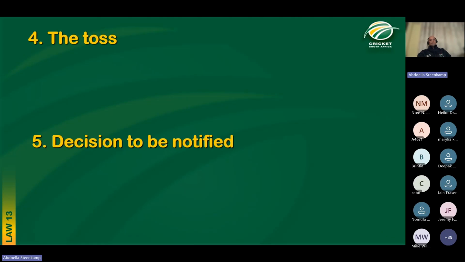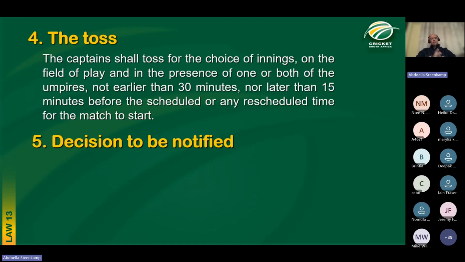Law 13 covers the innings, and the subsection that we're looking at here is the toss. So when it comes to the toss, let's first look at who needs to be present at the toss. Then we look at where the toss needs to take place. And then let's look at the timings for the toss. So firstly, who needs to be there?